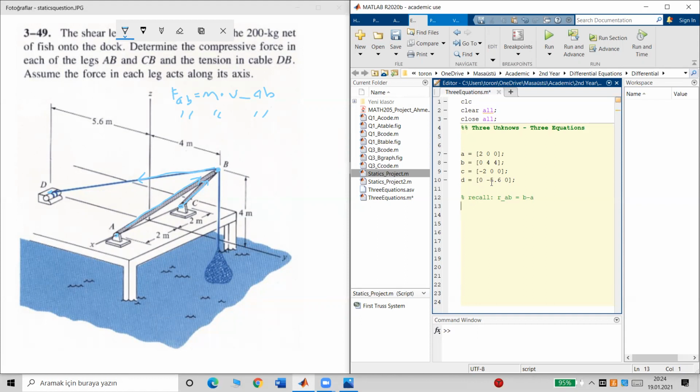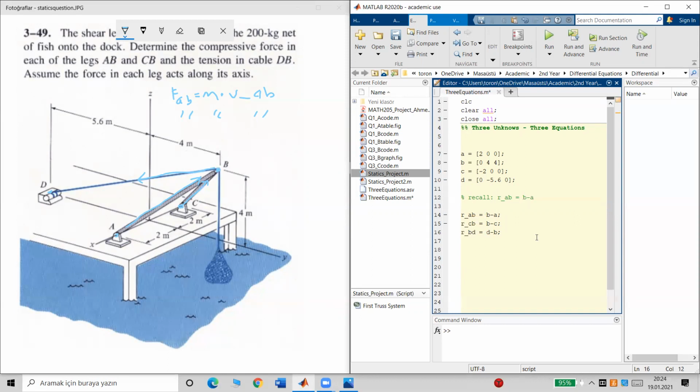Let's start with force AB. So position vector AB is equal to B minus A. Position vector CB is equal to B minus C. Position vector BD is from B to D, so we need to write D minus B. Yeah, we have defined position vectors.